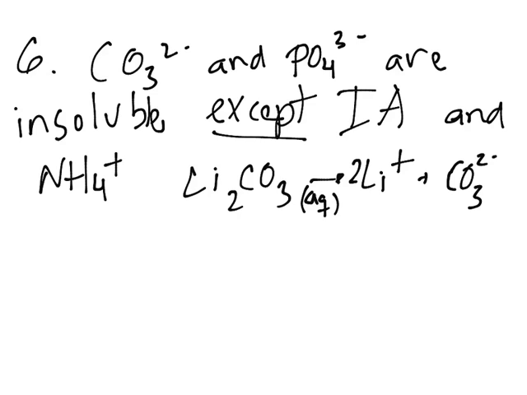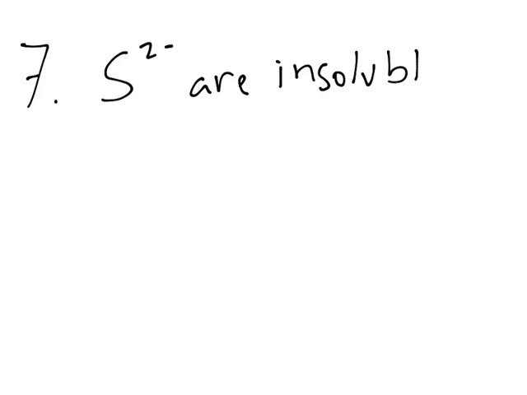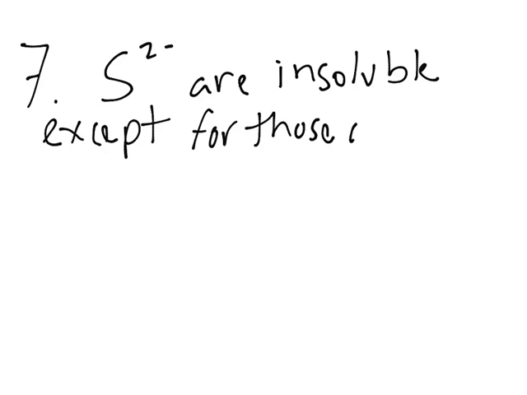Finally, let's go to the seventh and last rule. It says that all common sulfides are insoluble, except for those of, you can figure it out now, 1A, 2A, and ammonium.